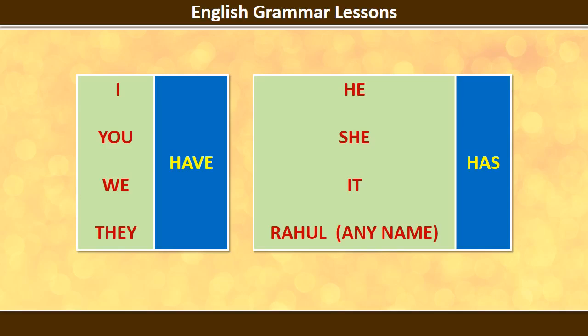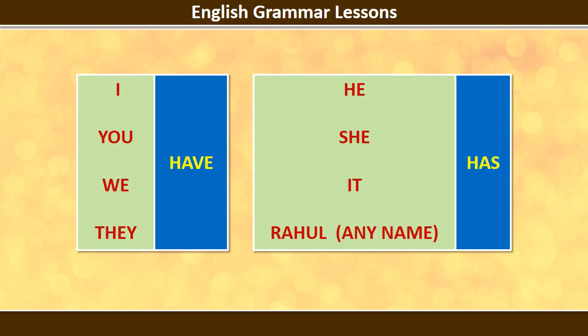Okay, example sentence: I have a pen. You have a big car. Okay, we will say that, do you have a pen? And we will say we have a pet. They have a big bungalow.